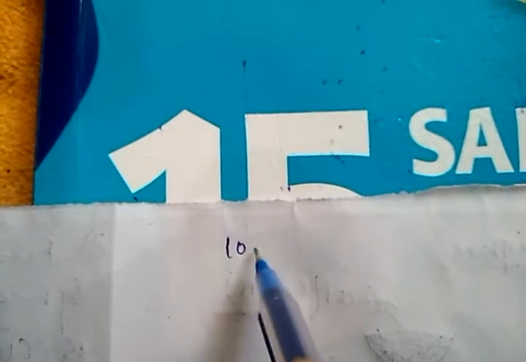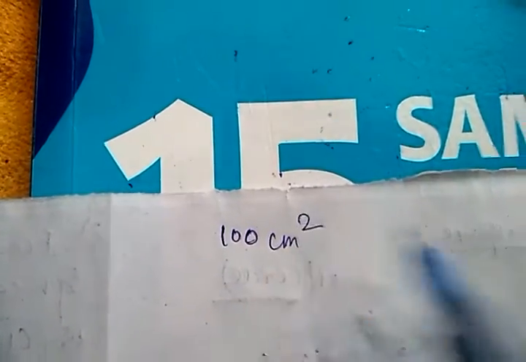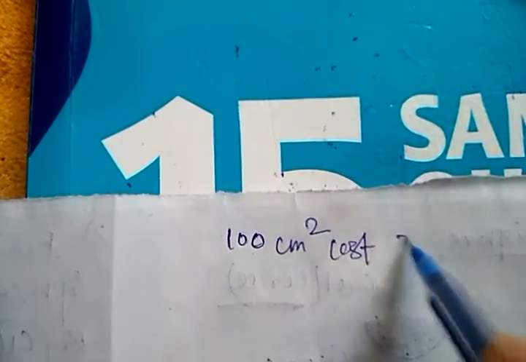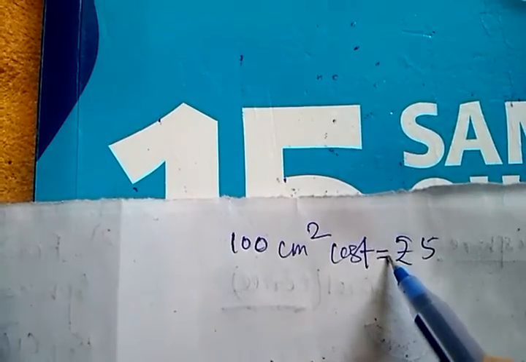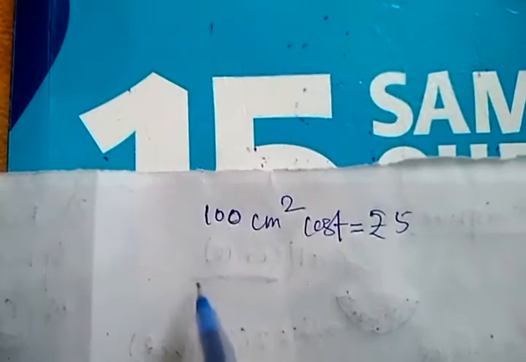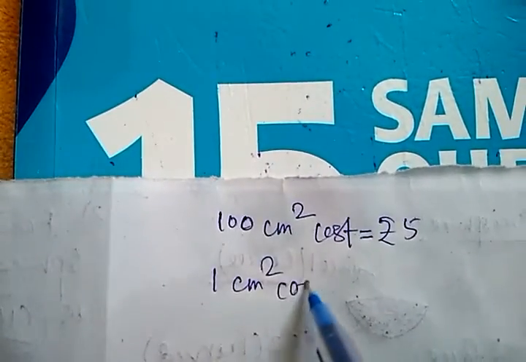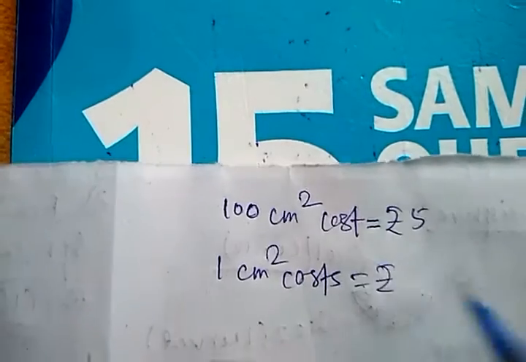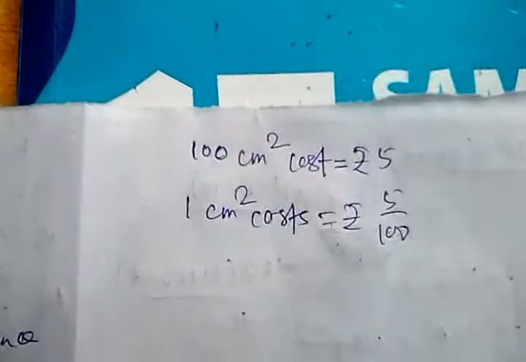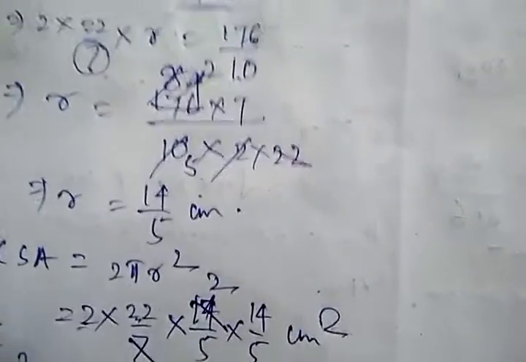So now you are going to calculate the cost of painting. But what is the rate given? Now 100 centimeter square costs rupees 5. So 1 centimeter square costs rupees 5 by 100. But how much centimeter square? This much.